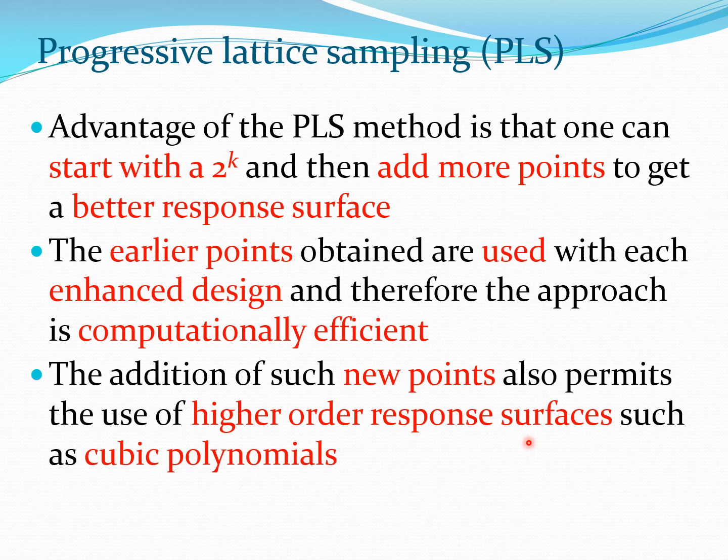So for example, if you were to develop a quadratic response surface with a 2K plus center design, and you're not very happy with this response surface, you add some more points, make it a 3K design, and maybe fit it to a cubic response surface, and this result may come out better. So this is a good way to save your previous computational work and to build up your model.